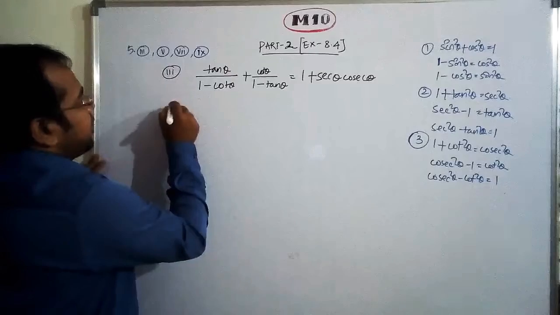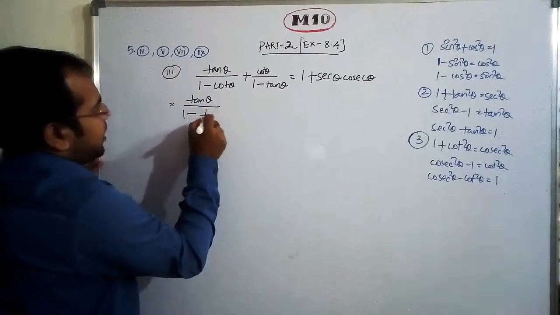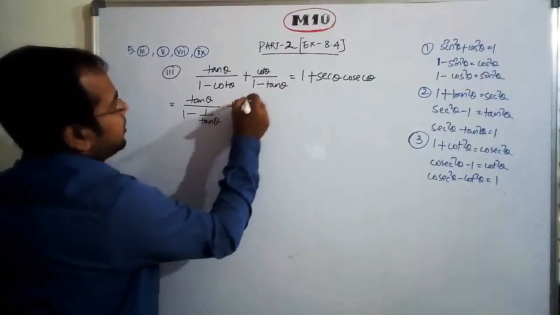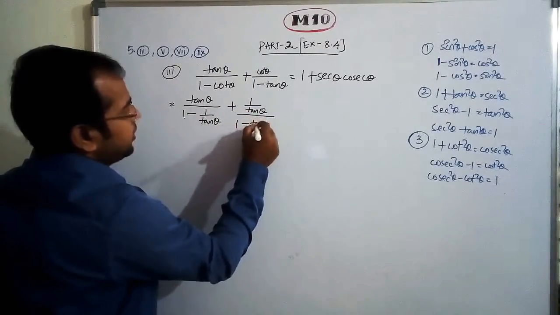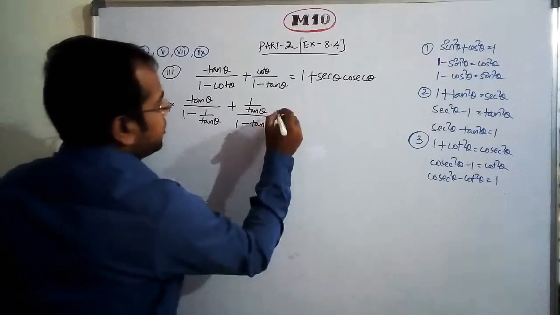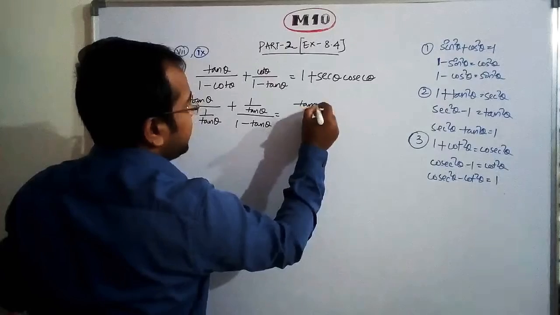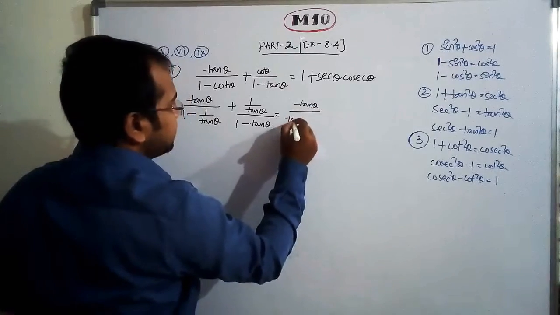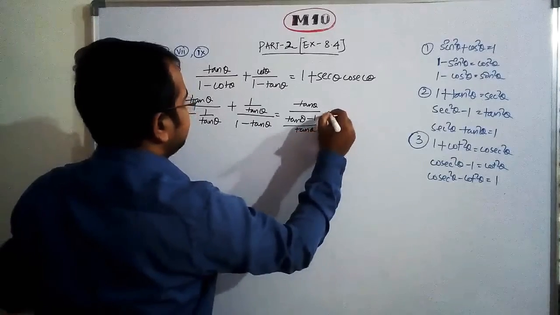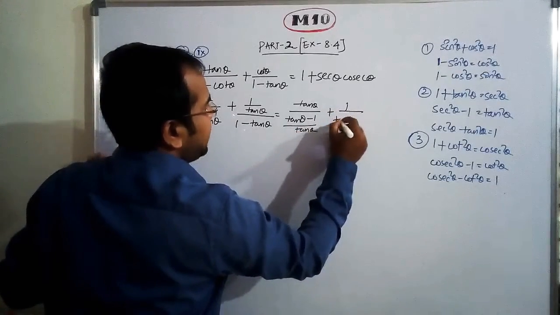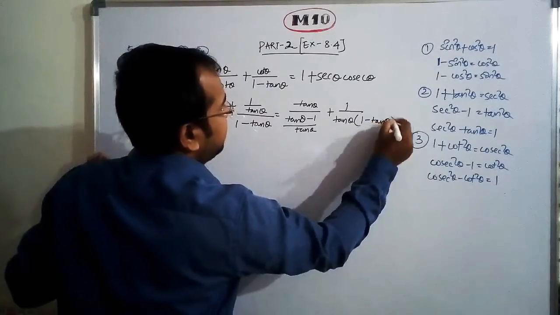So what will we get here? Tan theta divided by 1 minus 1 by tan theta plus 1 by tan theta divided by 1 minus tan theta. So let us take the reciprocal over here. Tan theta divided by tan theta minus 1 divided by tan theta. Here you are getting 1 by tan theta into 1 minus tan theta.